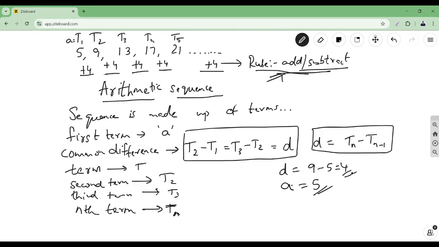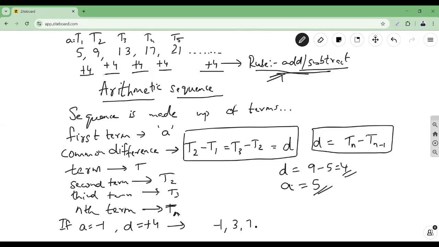Now, if my starting term changes, my entire sequence will change. For example, if my starting term is minus 1 and my common difference or the rule is plus 4, then my sequence will be what? I will start with minus 1, plus 4. Minus 1 plus 4 is 3.